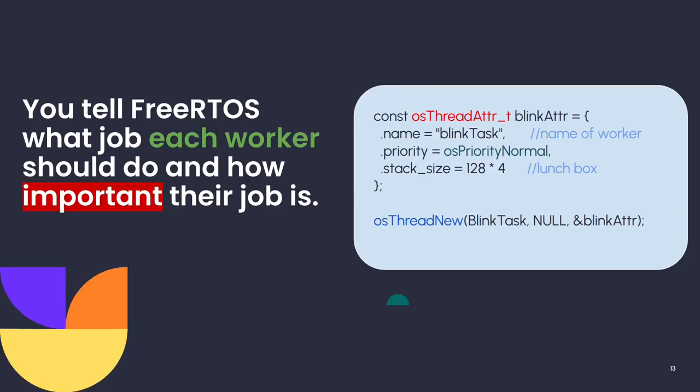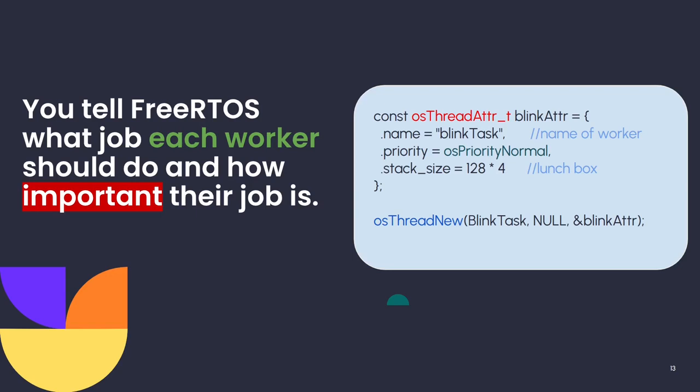To create a job, we first need to provide attributes for that worker. For example, what's the worker's name? What's the worker's priority? How important is their work? And the stack size. In other words, consider how much food and energy this worker will need to perform.